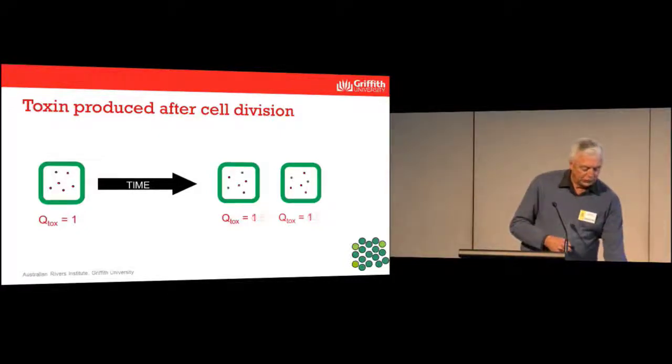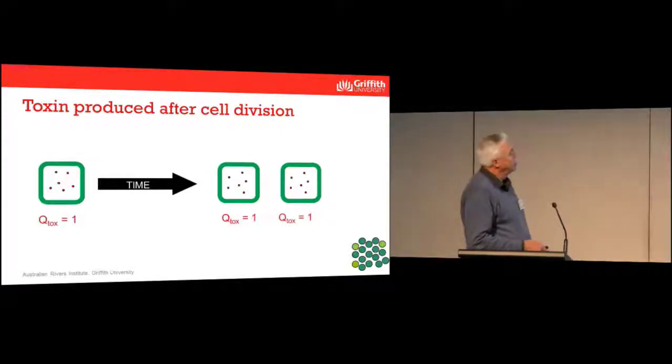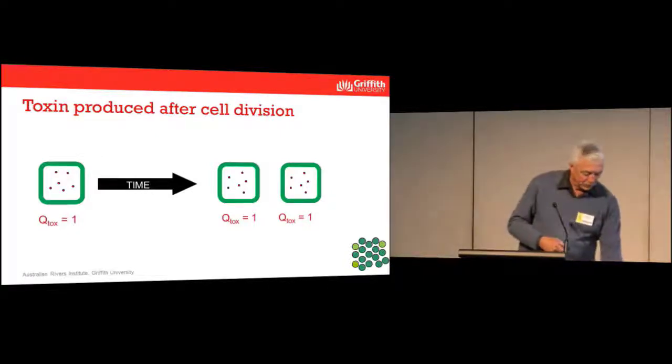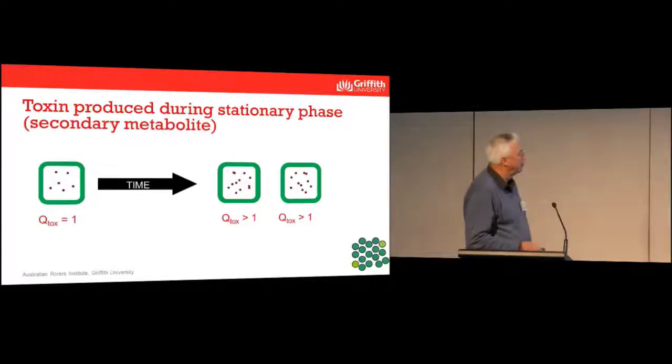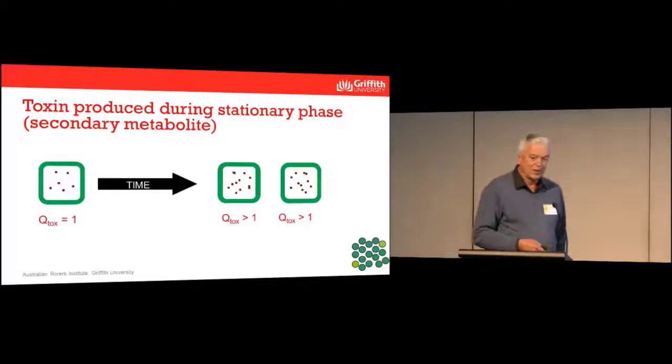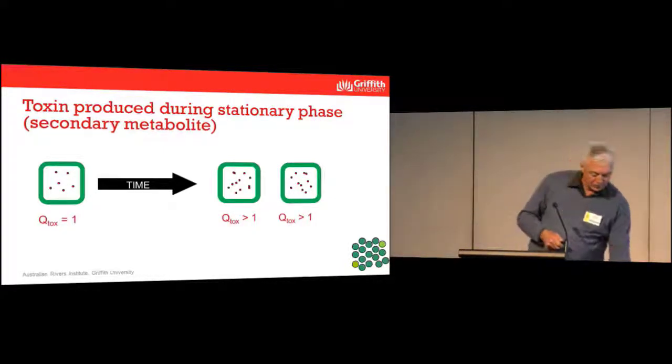And toxin will be produced, and again it will rise up to the same level as here. Q tox will again equal 1, but of course it can then continue to be produced and it can become more toxic over time, in which case we say that the metabolite, in this case the toxin, is a secondary metabolite because it's not produced in response to growth.